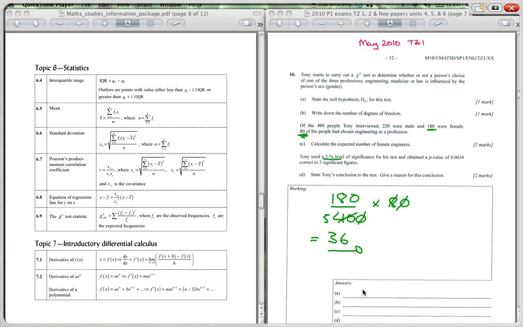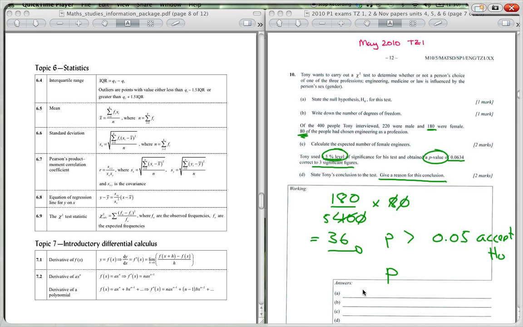Tony used a 5% level of significance for his test and obtained a p-value of 0.0634, correct to 3 significant figures. State Tony's conclusion to the test. Give your reasons for this conclusion. Now, when you're using the p-value and we're looking at 5%, we put that percent into a number which is 0.05, and if your p-value is greater than 0.05, we accept the null hypothesis.